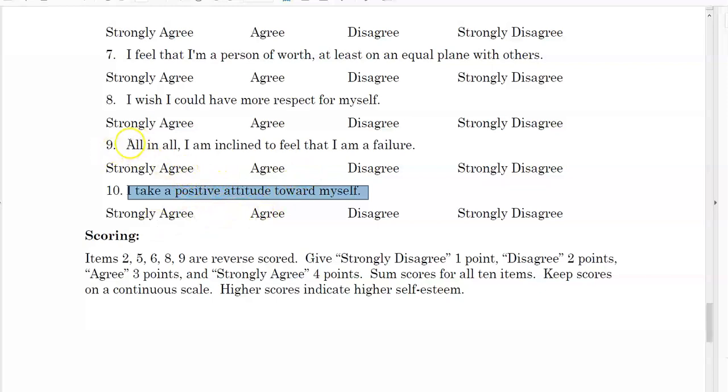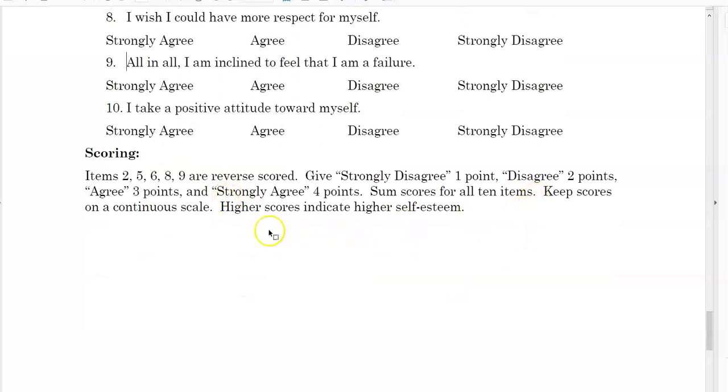So all in all, we want to have at least a reliable estimate of your self-esteem. And therefore, the developers have specified that you have to reverse score negative items and turn them into positive ones. That's only for purposes of scoring the instrument.